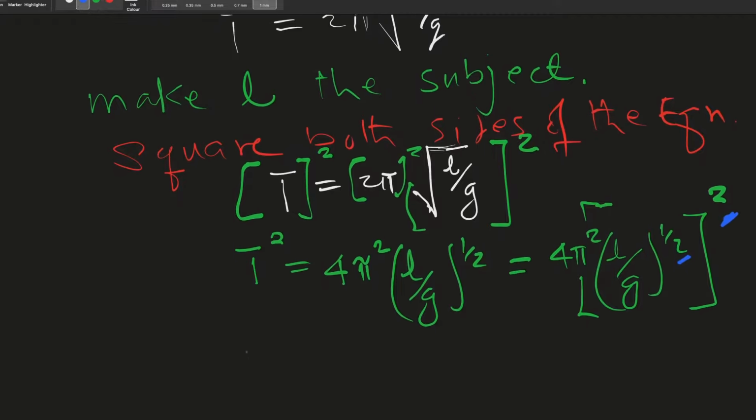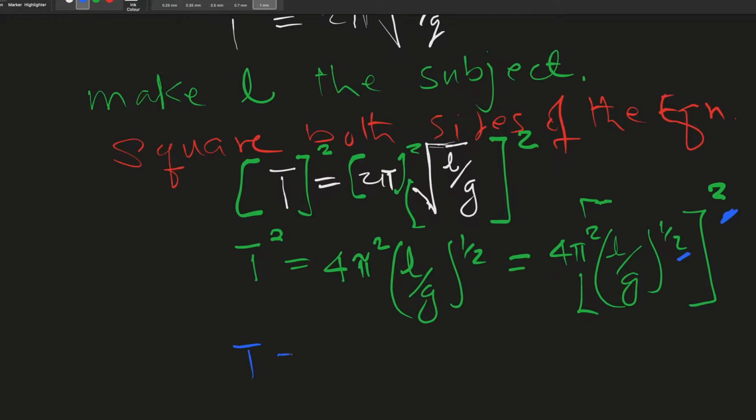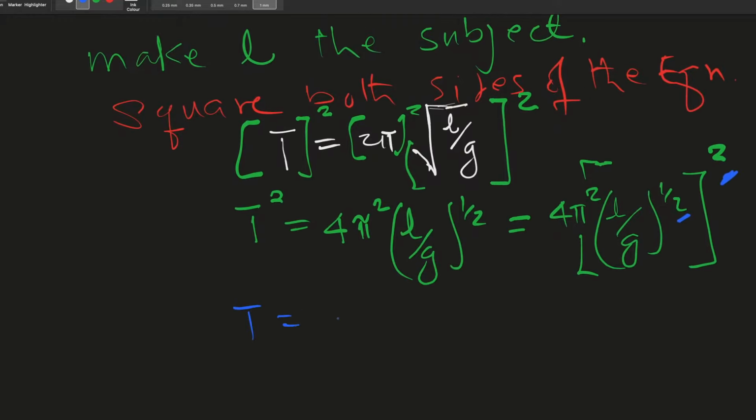Therefore, our equation now becomes T squared is equal to 4 pi squared L over G.